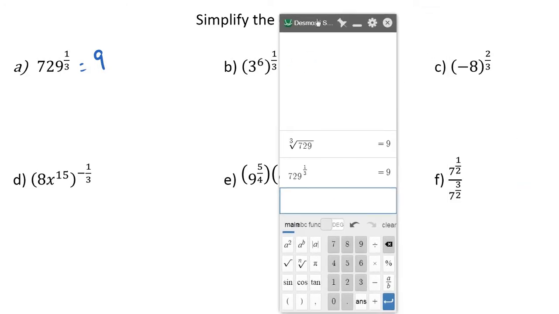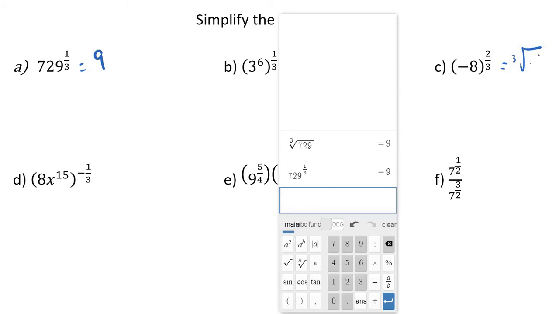I've got another example here. Negative 8 to the 2/3. Again, you could just plug this in, or you could simplify it pretty easily just by breaking it down. What do these things mean? Let me illustrate that real quick. This means the cube root of negative 8, and I'll go ahead and square that at the end.